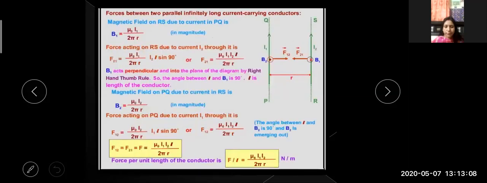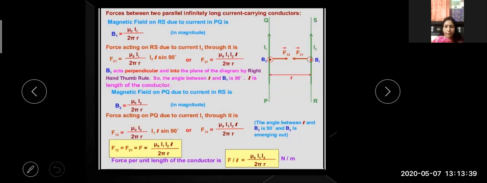So now let's start force between two parallel infinitely long current carrying conductors. Over here, there are two conductors PQ and RS. These conductors PQ and RS are placed parallel to each other at a distance R. Clear?